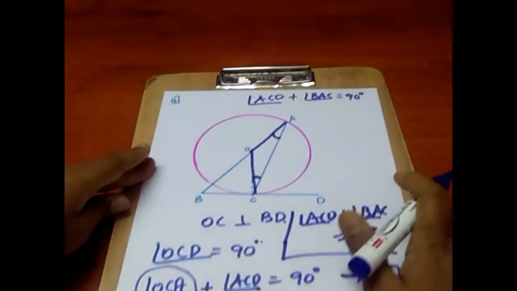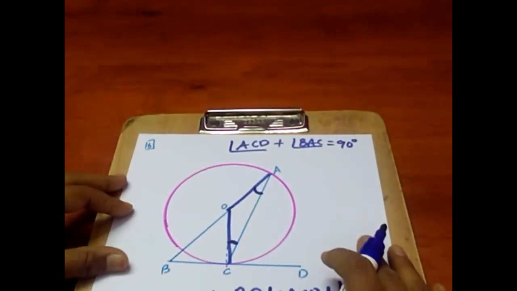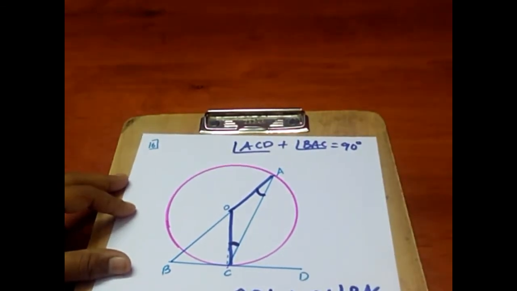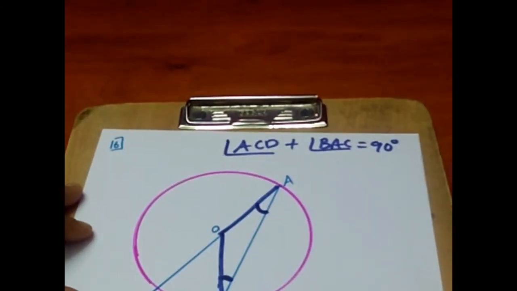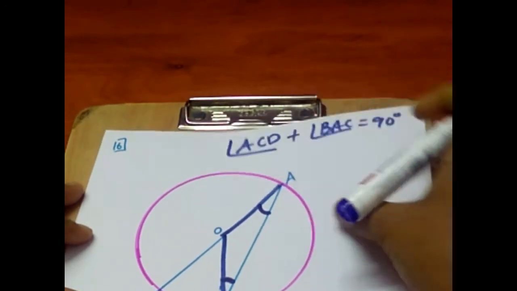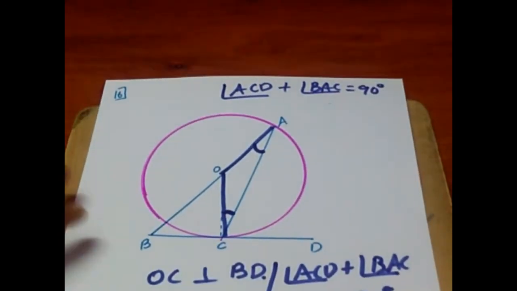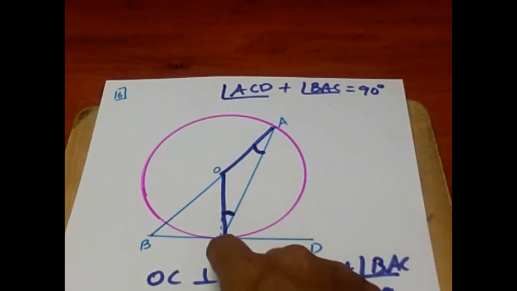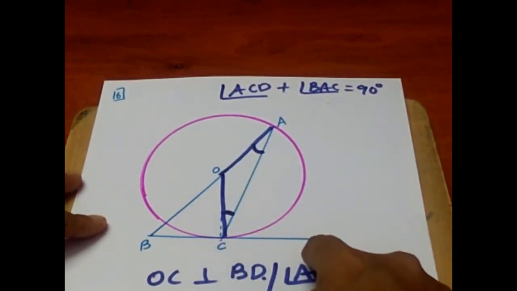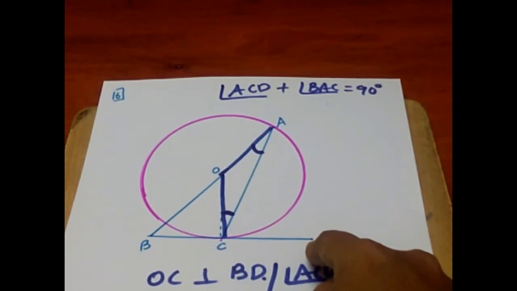I repeat this problem, kindly note this down. For the given diagram we have drawn that OC is perpendicular to BD. OC is a radius and BD is a tangent. Hence angle formed at OCD is 90 degrees. That is point number 1.